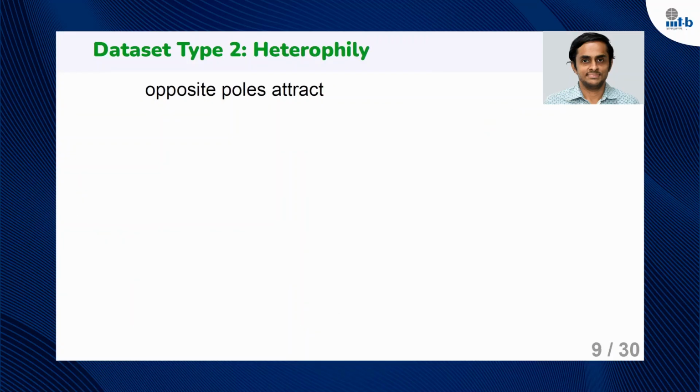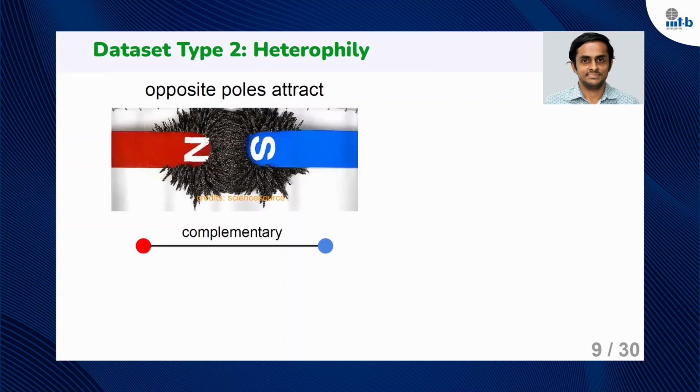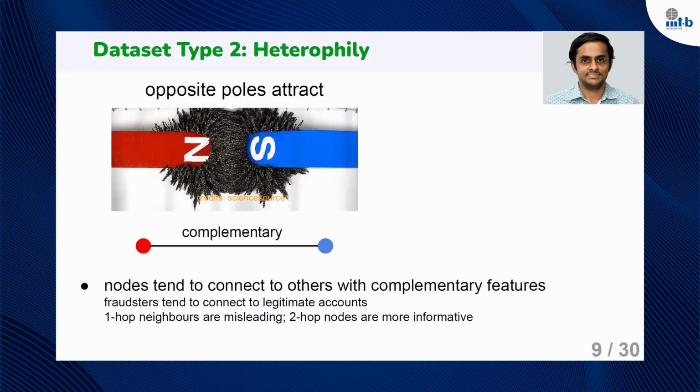Now the second one is heterophily. The guiding principle behind heterophily is that opposite poles attract. You can think of a magnet, like North Pole, South Pole. Edges are formed between two nodes because they have complementary features. So nodes tend to connect to others with complementary features.